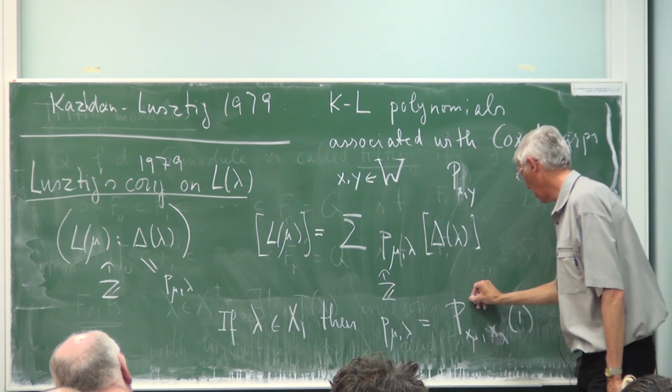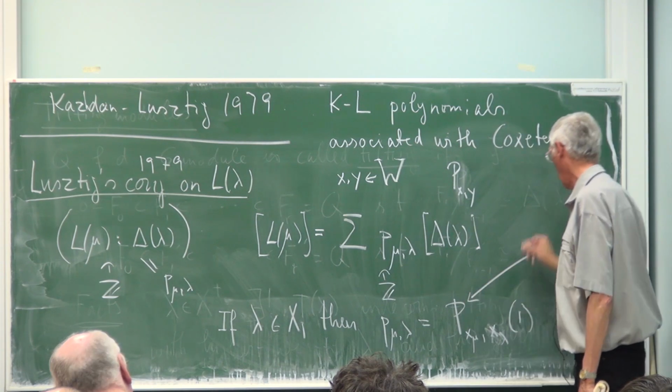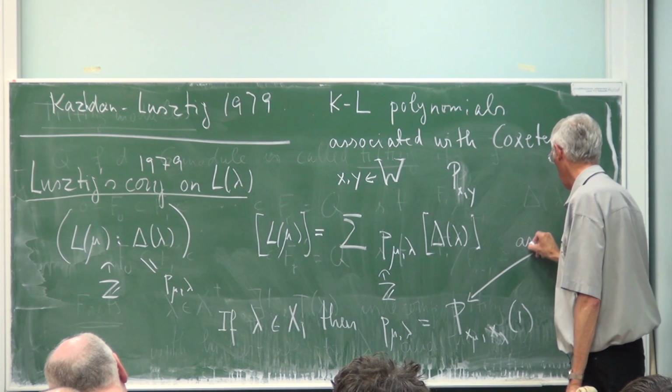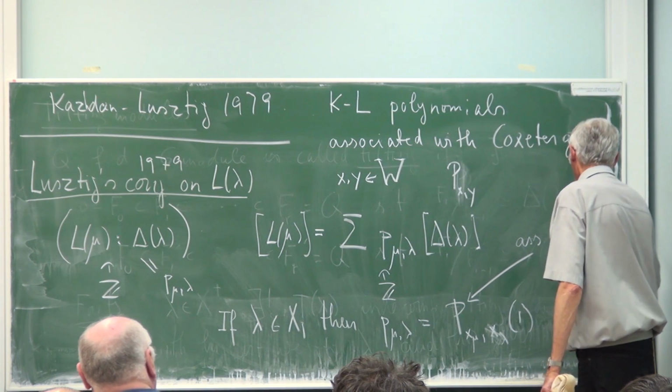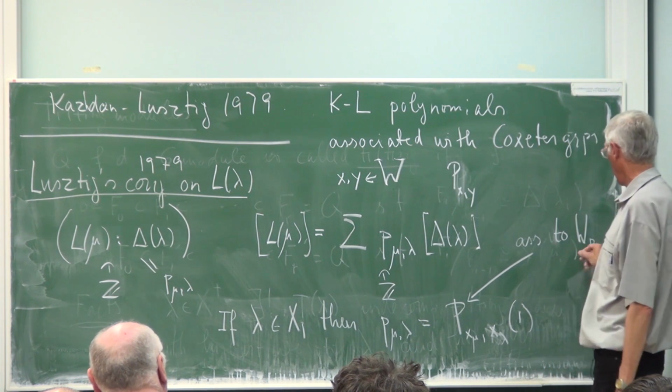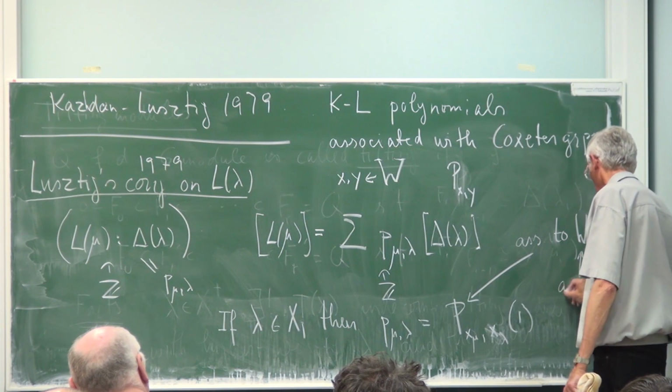And the Kazhdan-Lusztig polynomials we need here are the ones associated to the affine Weyl group.